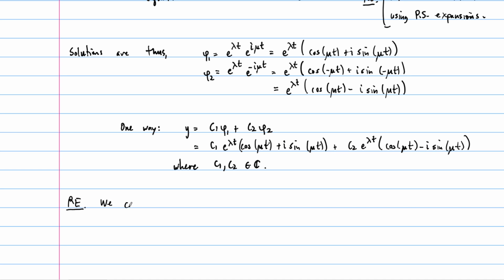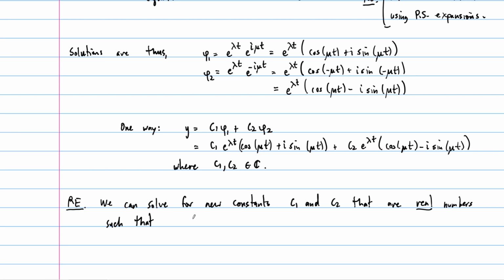So we can solve for new constants, which I'm still going to call C1 and C2 because that's what we usually call them, that are real numbers. These will be real parameters, because remember, you don't determine the constants until you have an initial condition. But they're going to be real parameters such that the general solution is in the following form.